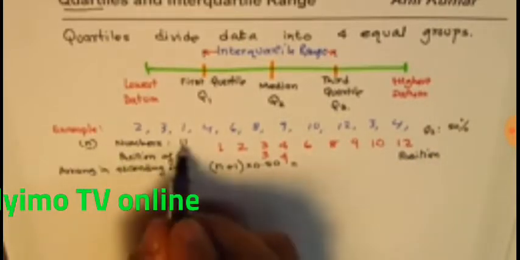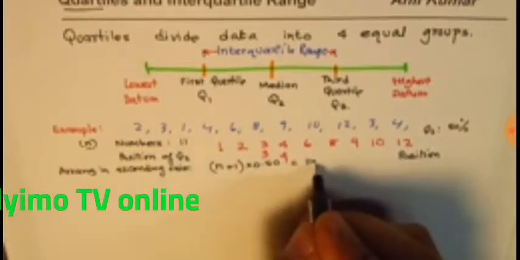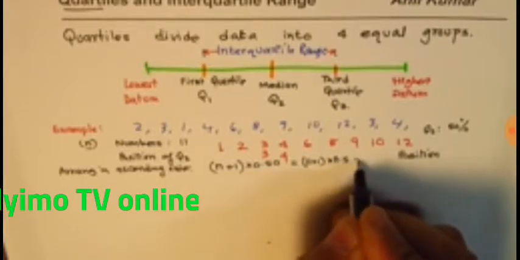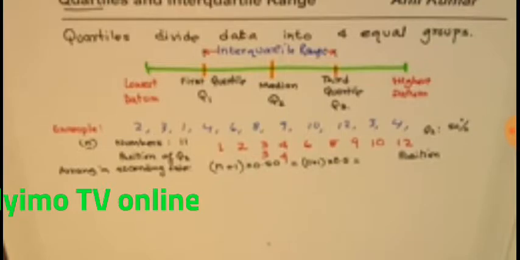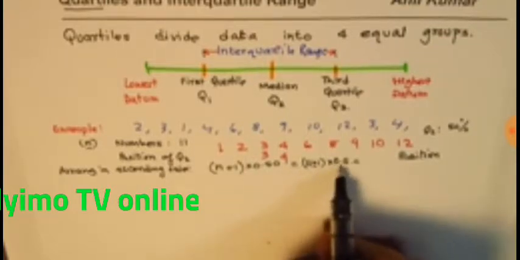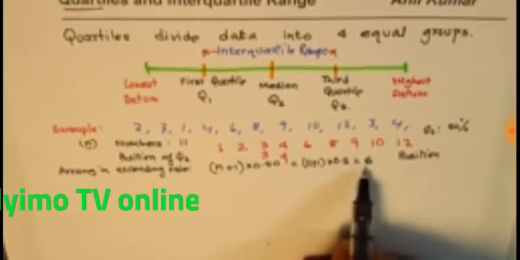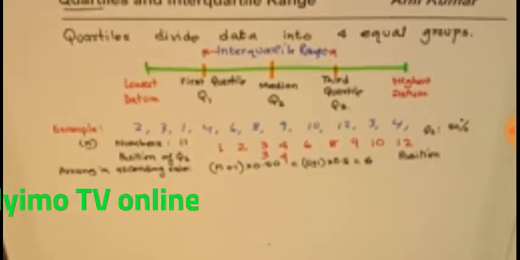So n in our case is 11, so we'll do 11 plus 1, which is 12, times 0.5. Let's calculate this position. Half of 12 is 6, so sixth position. Is that okay?